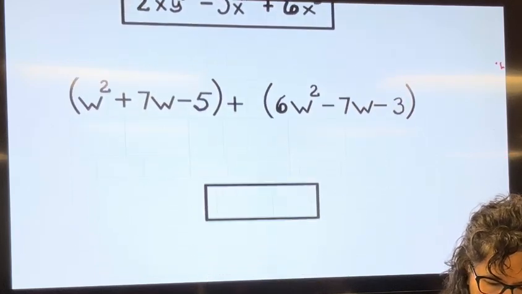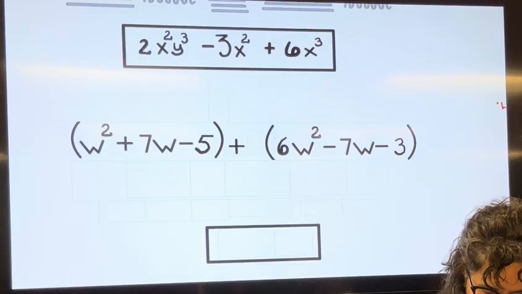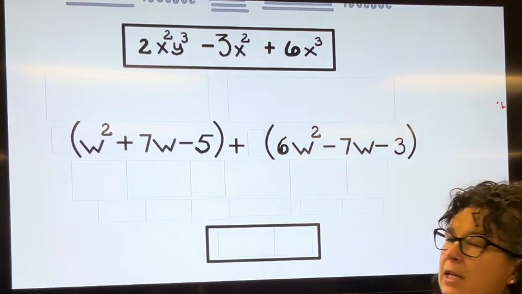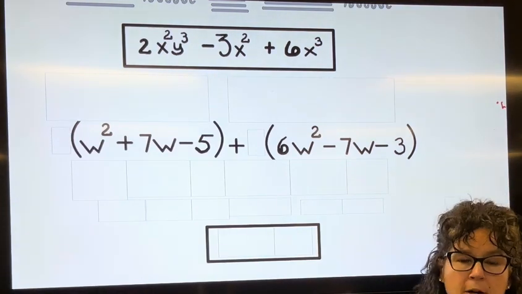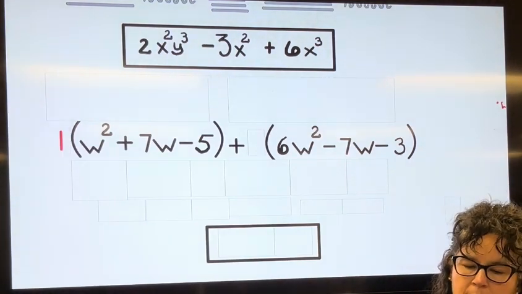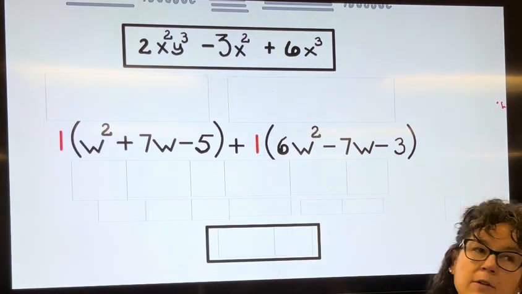Okay, so let's do one more. In this one, I'm going to emphasize once again what number is in front of these parentheses. And in both of these, it's a +1.